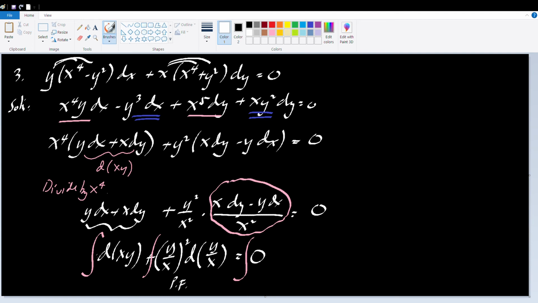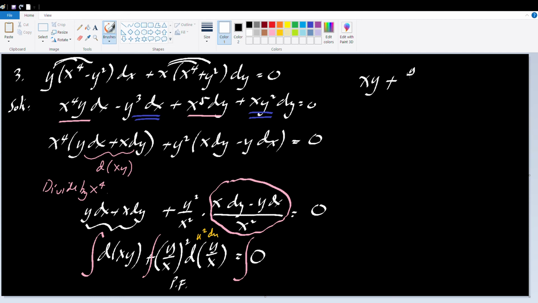For the first one, the integral of the differential of xy is of course xy, and the integral of (y over x) quantity squared times the differential of y over x, which is actually in the form u squared du, is u cubed over 3.